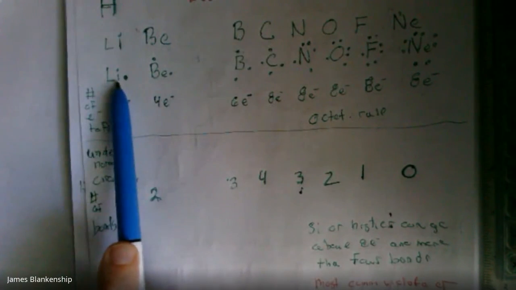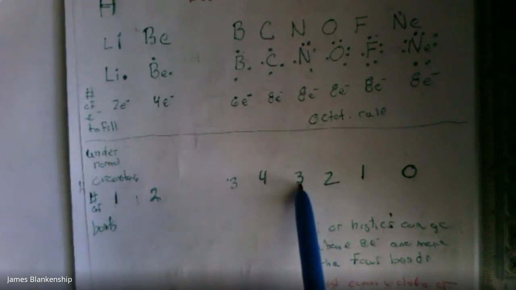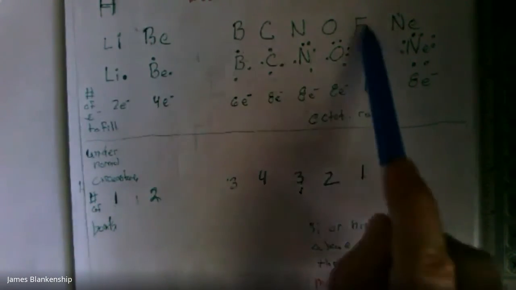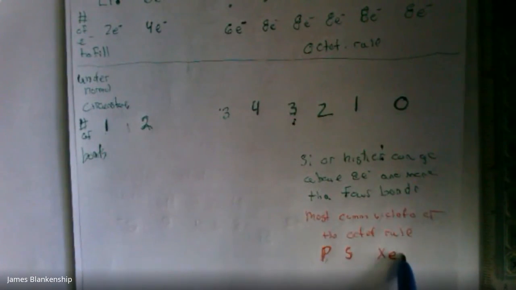This is also why, in general, you only get 1 bond with hydrogen, 2 bonds with beryllium, 3 bonds with boron, 4 bonds with carbon, 3 bonds with nitrogen, 2 bonds with oxygen, 1 bond with fluorine, and no bonds in your final one. Silicon or higher can go above 8 electrons and have more than 4 bonds. Our most common ones that violate the octet rule are phosphorus, sulfur, and xenon. But that's something we will talk about when we get there, a little bit ahead of where we are right now.